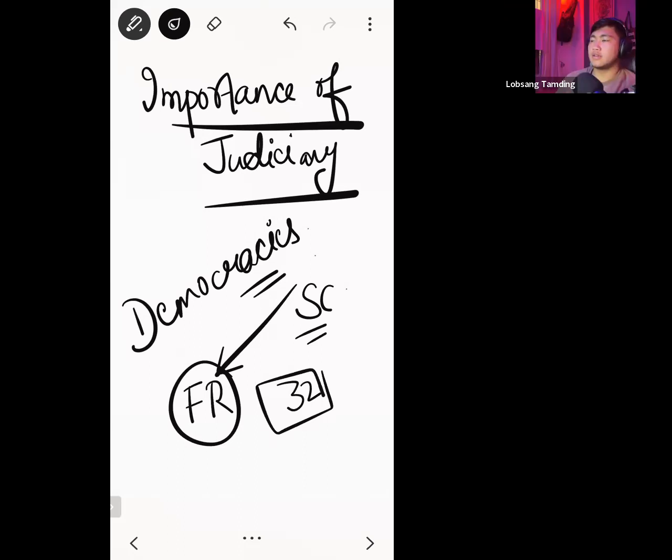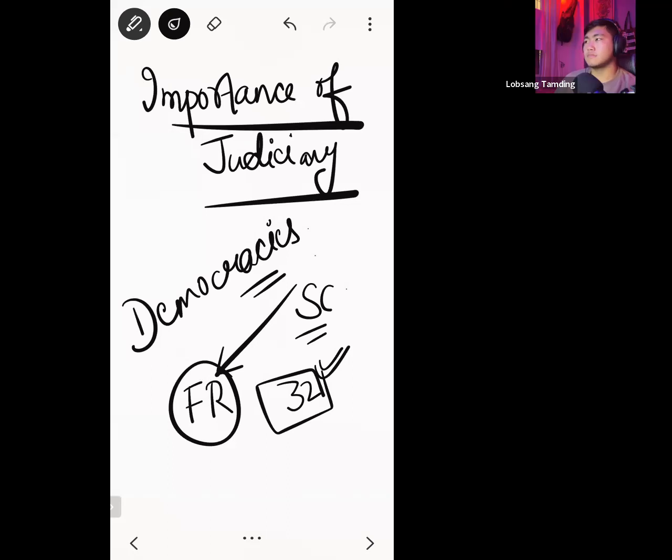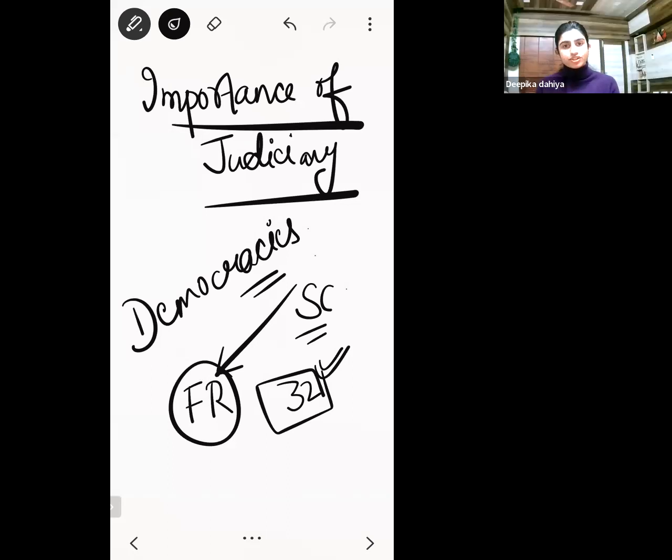B.R. Ambedkar called it the soul of the Indian Constitution, because he said you have listed so many fundamental rights, a long list for the citizens of India, and sometimes even for non-citizens. But there is no meaning in giving fundamental rights to people if you don't have a remedy for violation, a way to solve their grievances.